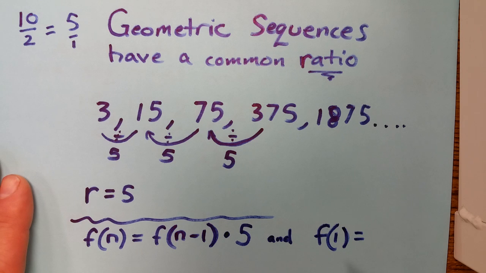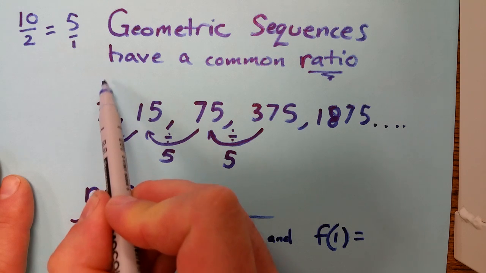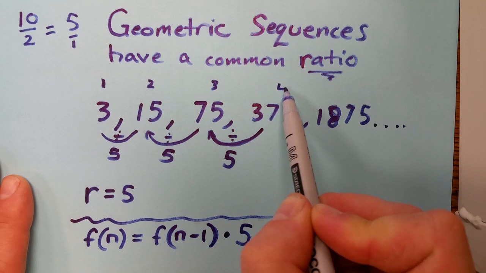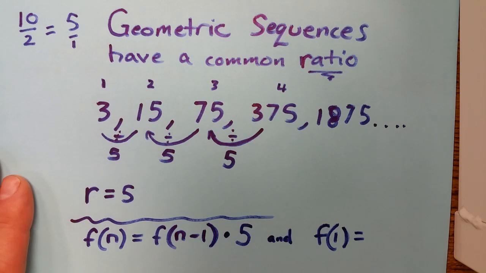This means the value of the first term. Here's the first term: term number 1, 2, 3, 4. So the value of the first term is 3. Now you know: start at 3, start multiplying by 5, and that will generate the sequence.